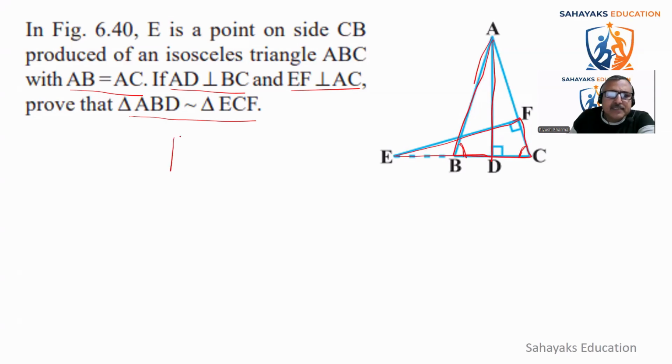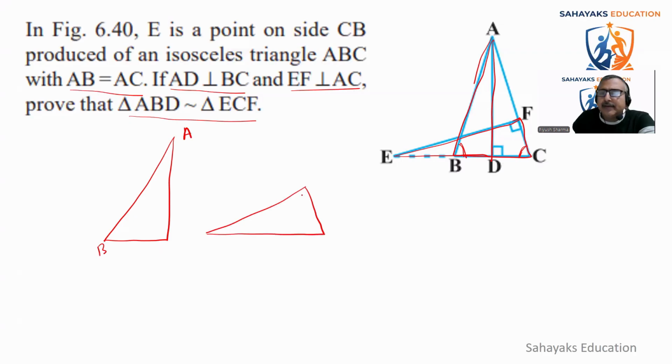Making it separately makes life very easy in similar triangles. Okay, this is A, B, D, and this is F, C, and this is E.